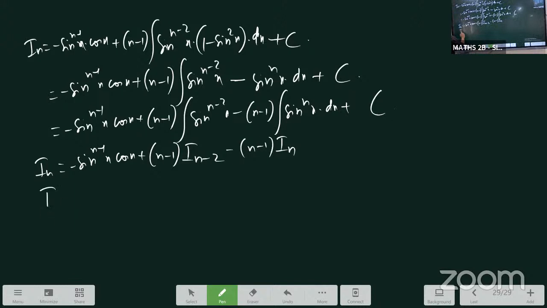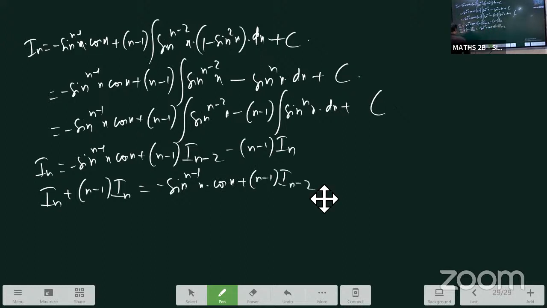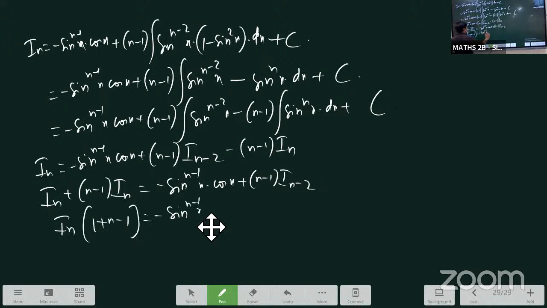Now bring that In plus n minus 1 into In, that is equal to minus sin^(n-1) x cos x plus n minus 1 I(n-2). Now take In common, 1 plus n minus 1, minus 1 plus 1 gets cancelled, In into n, you bring it to the denominator.